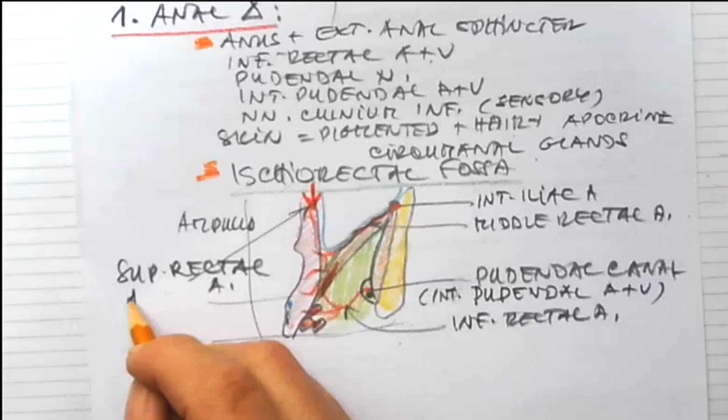So these interconnections using very thick blue, I'm repeating, that thick blue double arrow, represent the portosystemic, the portocaval anastomosis. We remember that portosystemic, portocaval anastomoses are important.